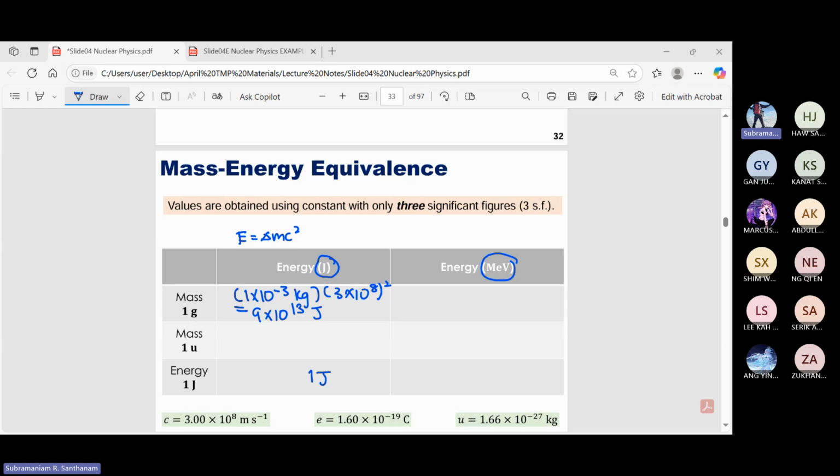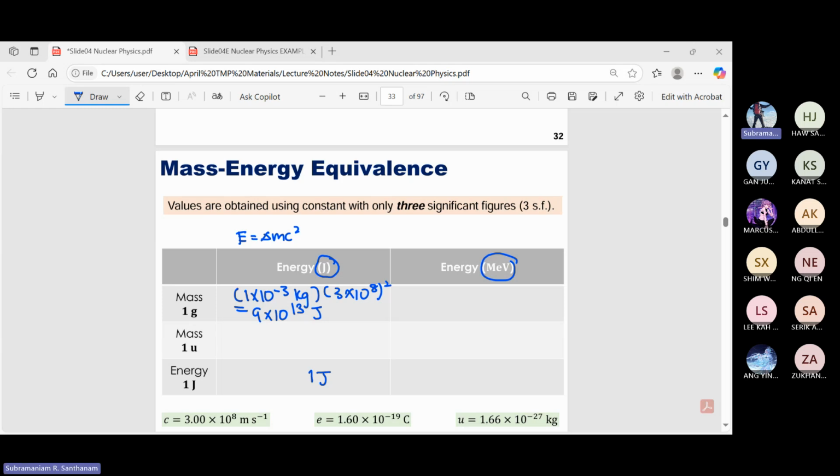But if, in case you are not able to see, later you can take the picture. There's no light here. Okay, 1.6 times 10 power of minus 19 joule.